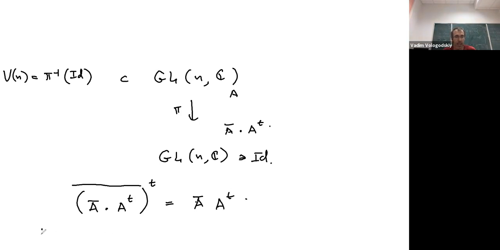So that means that A bar times A transpose is a Hermitian matrix. A Hermitian matrix is an analog of symmetric matrices for complex entries: when you take the transpose, you get the complex conjugate matrix.